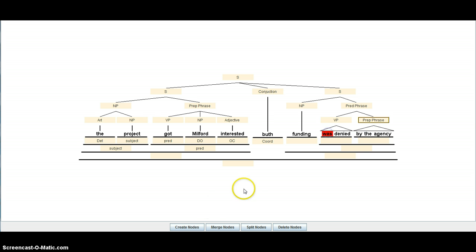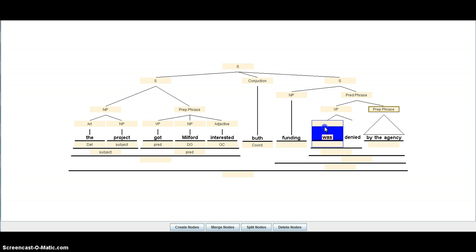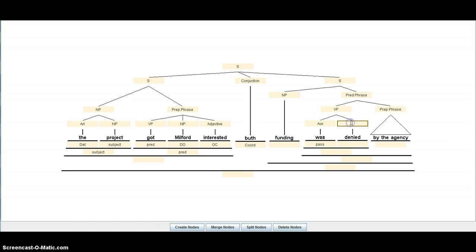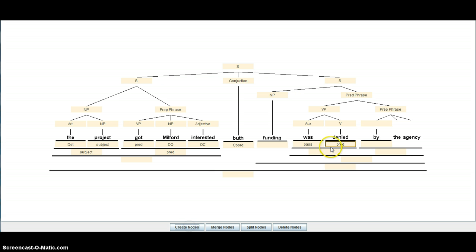Okay, now the verb phrase contains the passive auxiliary, and denied is the verb, and that is the predicate. By the agency, this is a preposition, and this agency is a noun.